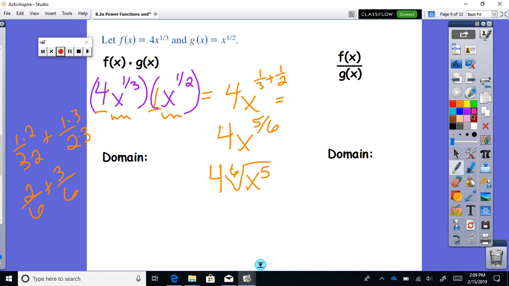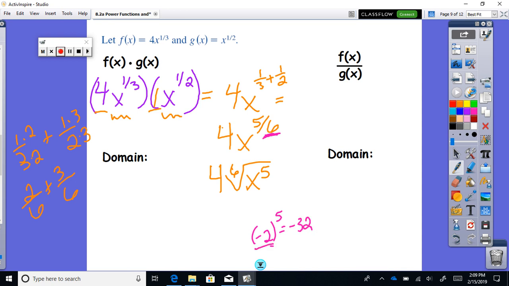So I have an even root. Now an even root means I can't have anything negative under my radical. So I can't have x to the 5th be negative. Now think if you took a negative number to a 5th power, like if you did negative 2 to the 5th power, that would still be negative 32.